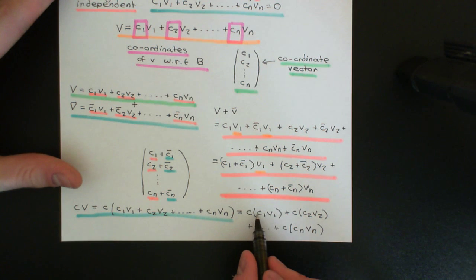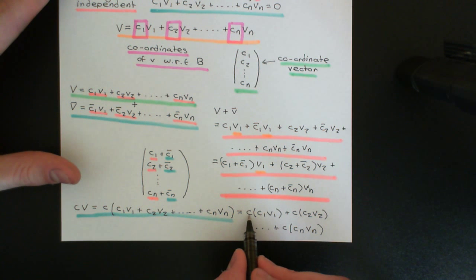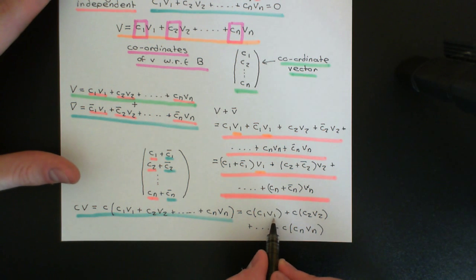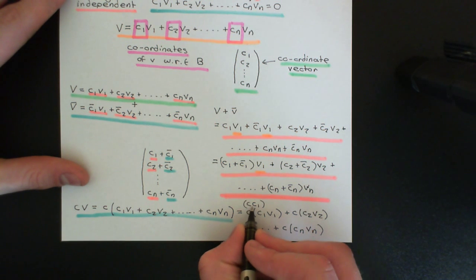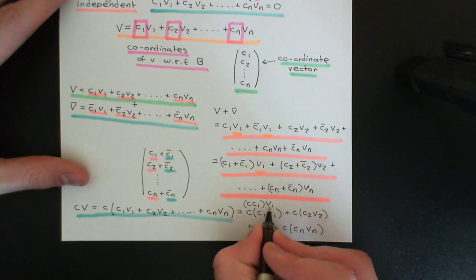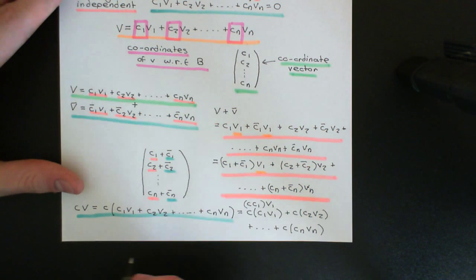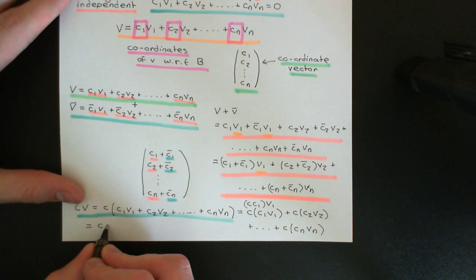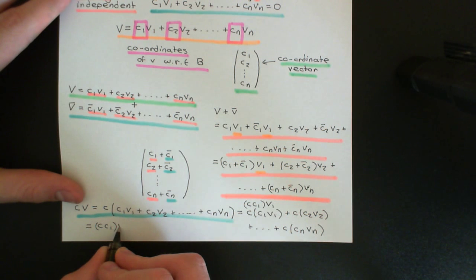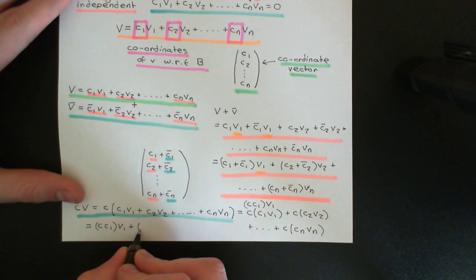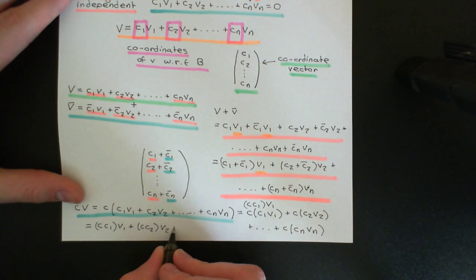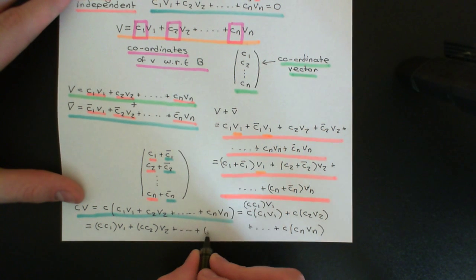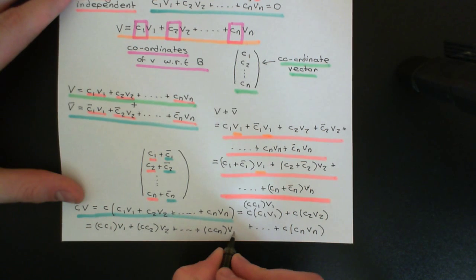Then we can apply associativity of scalar multiplication with field multiplication to say that when we've got something of this form, c times c1 times v1, we can rewrite that like so: c times c1, where this is multiplication in the field, and then the answer scalar multiplied by v1. We'll do that for all of these, and then we get that the answer here is c times c1, where this is multiplication in the field, scalar multiplied by v1, plus c times c2, where this is multiplication in the field, scalar multiplied by v2, and it will continue on all the way up until c times cn, scalar multiplied by vn.